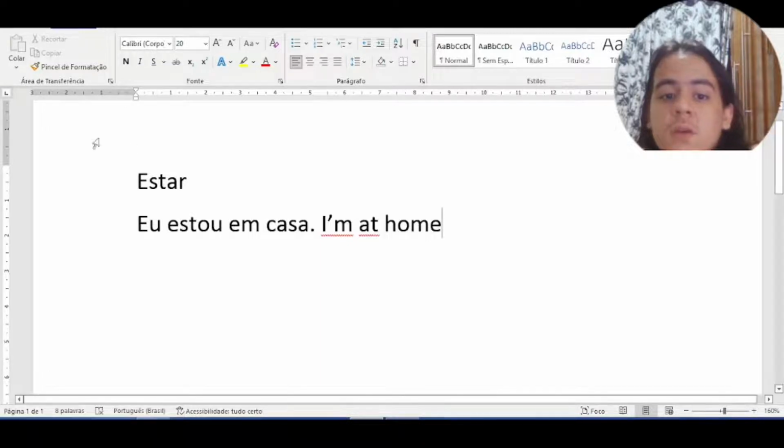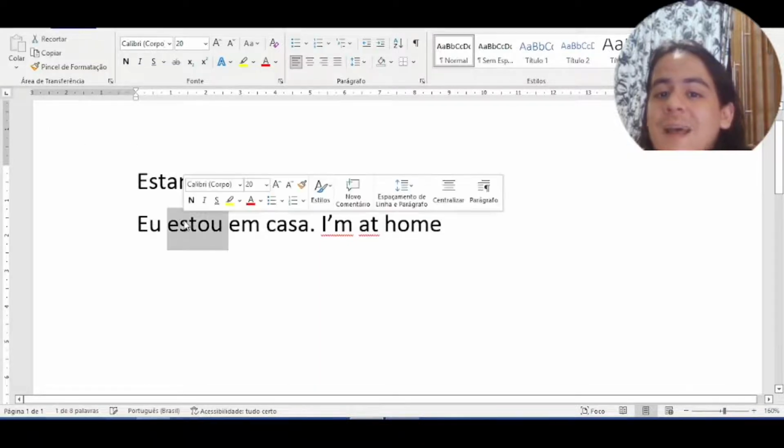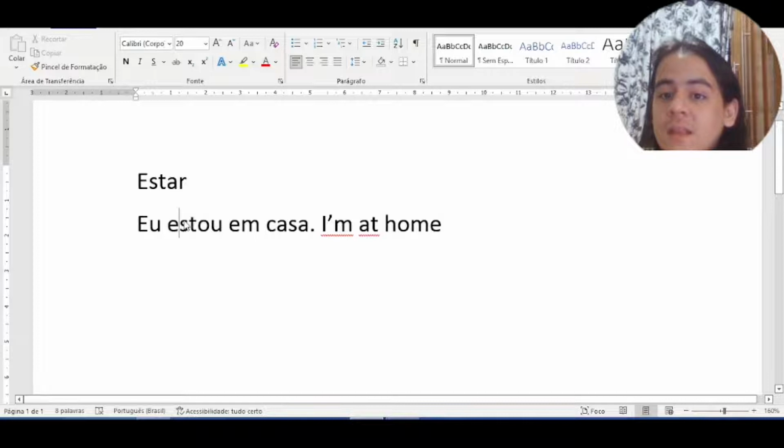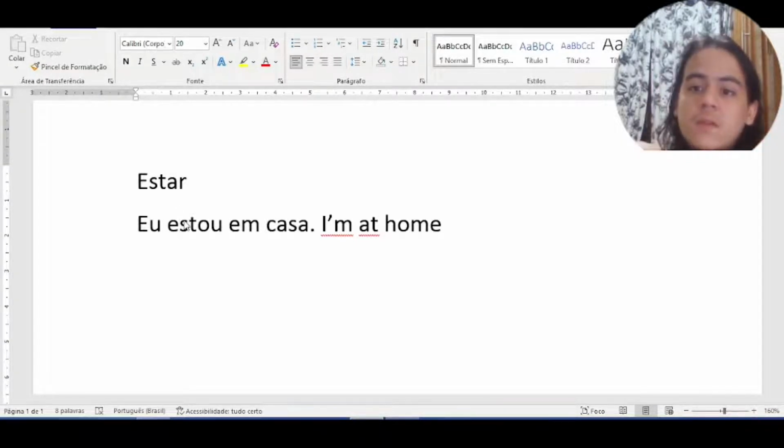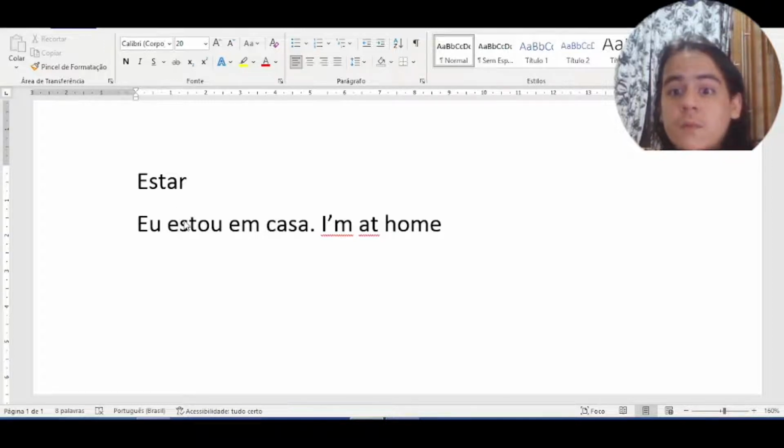So here we use the verb estar because right now I am at home, but it's not a permanent characteristic. 5 minutes from now I could be outside, so it's not permanent. Right now I am at home, so we use the verb estar. This verb expresses this temporary moment.